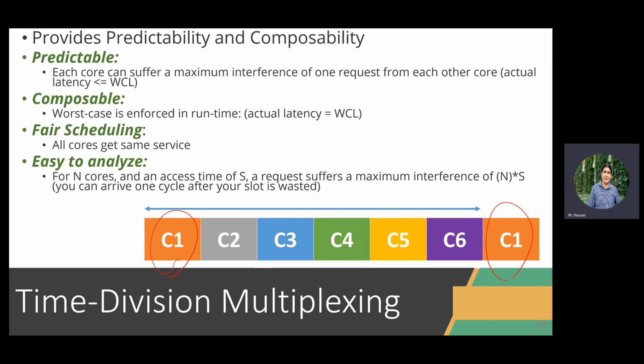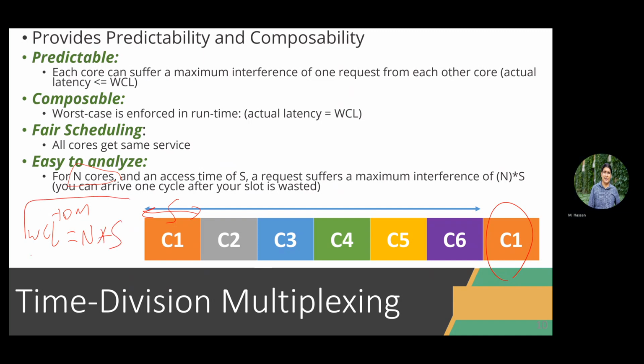What if instead of being 10, I'm just generalizing it to be S, which is the execution time of one request? Then my worst case latency, analytically, as a function of the slot width, so I'm assuming here that this is S cycles, and the number of cores is n. So my worst case latency in TDM is simply n multiplied by S, right? So we just analyzed the worst case latency of TDM in 1 minute, right? It's very, very easy to analyze. Does this make sense?